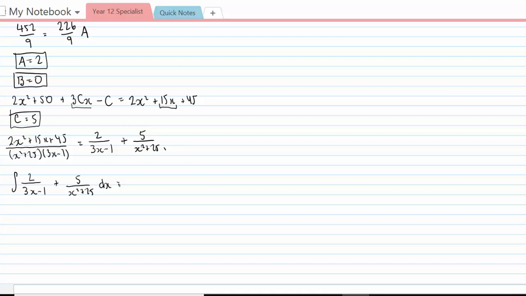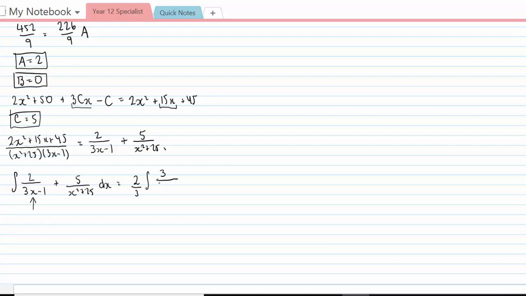is equal to. Now this first one here is going to be a log. And when we have the log, we need the numerator to be the derivative of the denominator. So we actually need that numerator to be a 3. Now, what I'm going to do, firstly, is take the 2 out the front, and then make the numerator a 3, but I can't just make it a 3 without countering that, so I'll put the 3 there.